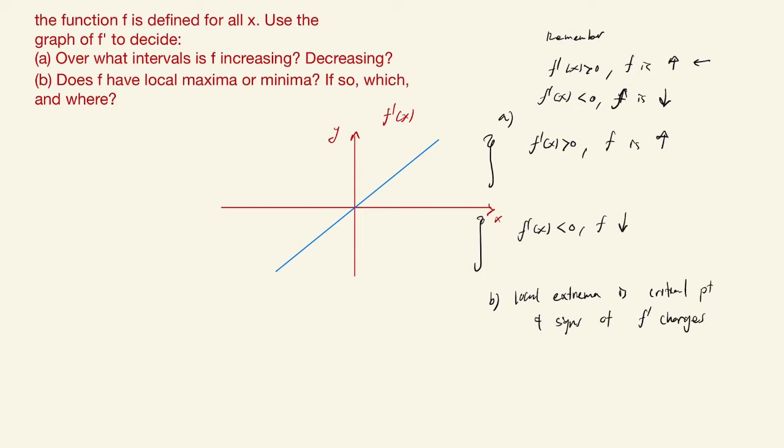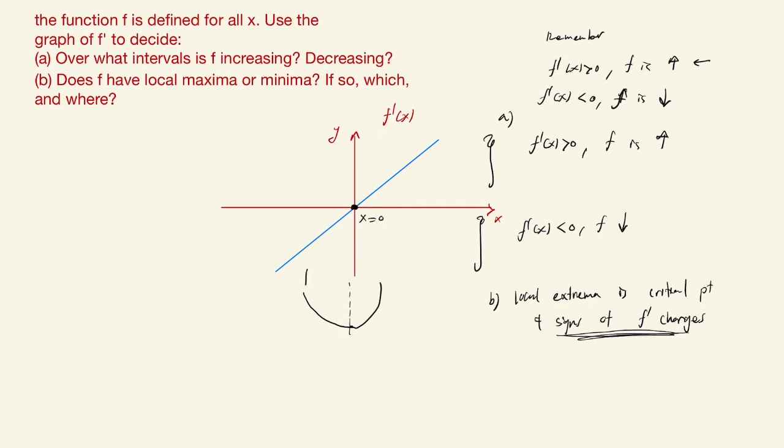And we also have to care about the signs of f prime, which is also shown in the graph. So here, where is our critical point? It's here, where we have an intersection with the x-axis. It is at x equal to 0.